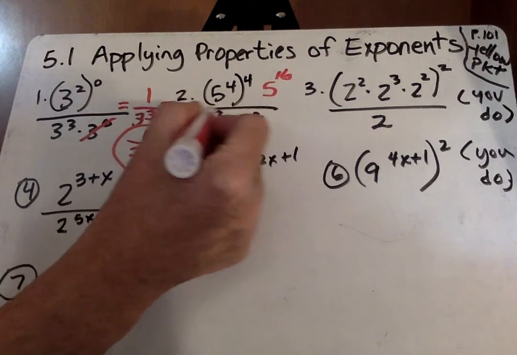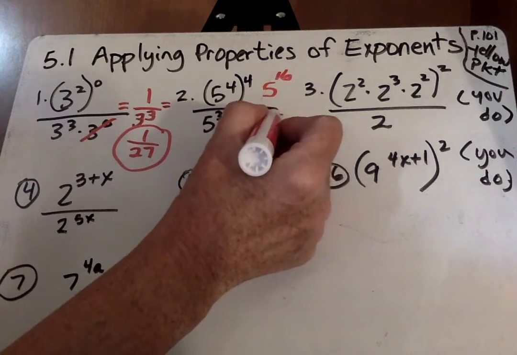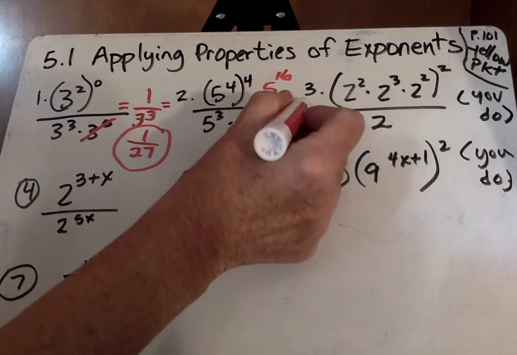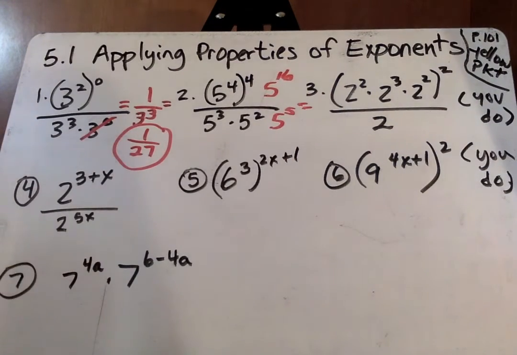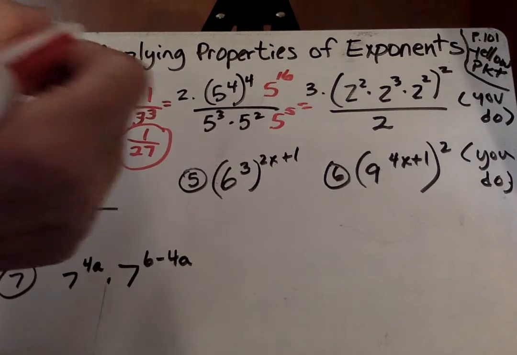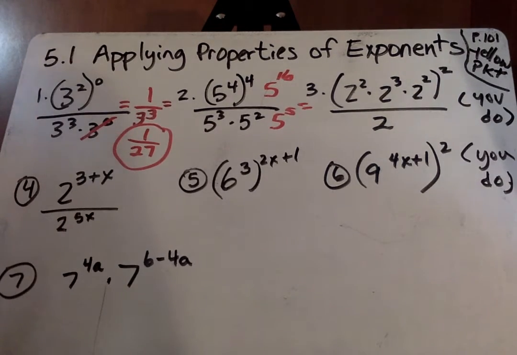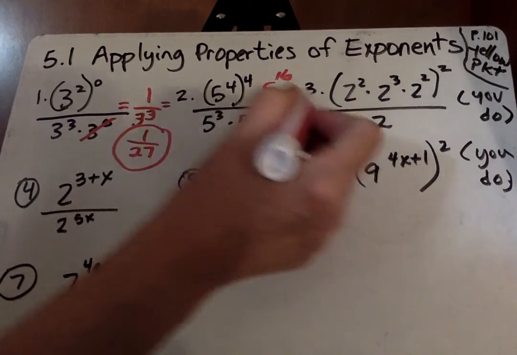And since the bottom is just multiplication, we add the exponents, 5 to the 5th. So then, when one's on the top and one's on the bottom, you have to subtract because it's the quotient. We're using that rule. And then we go 16 minus 5. What do you get? 5 to the 11th power.